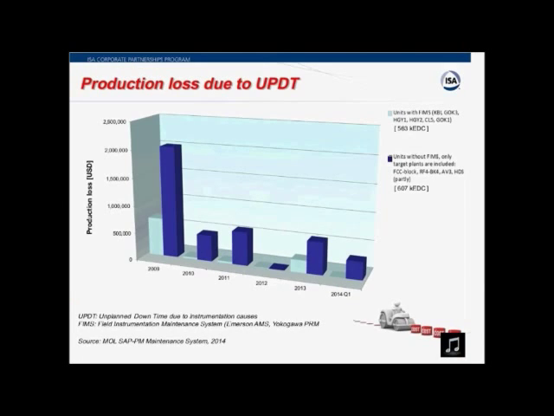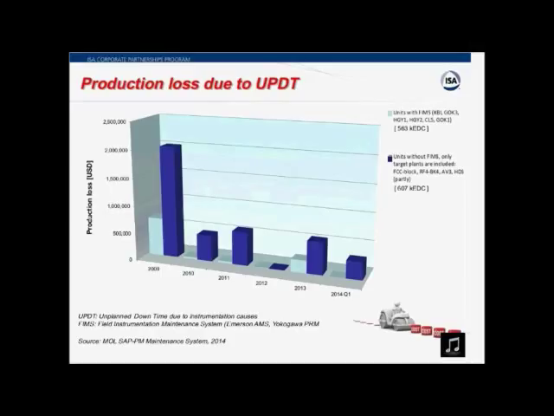In this slide, you can see a comparison between units which are equipped with the field instrumentation maintenance system. We call it FIMS. These bars are year by year colored with light blue, and where there is no FIMS at all, highlighted with dark blue. The size of the units are similar, expressed in KEDC, which means kilo equivalent distillation capacity.